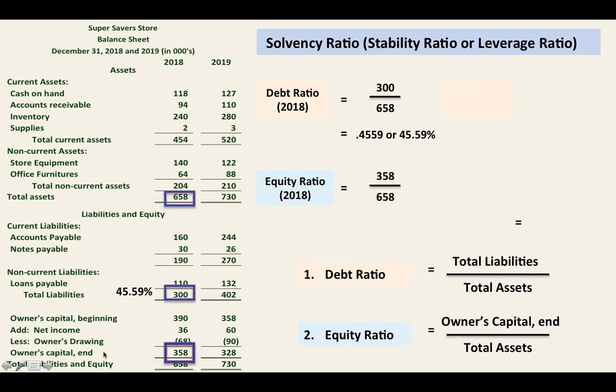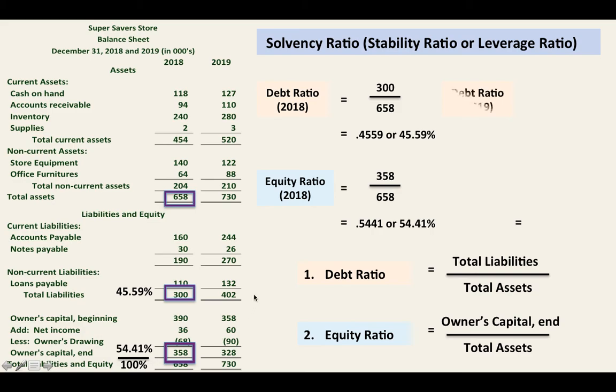So we will get a percentage of 54.41%. So the composition of our solvency ratio is our debt ratio of 45.59% and equity ratio 54.41%. So that will be a total of 100%.